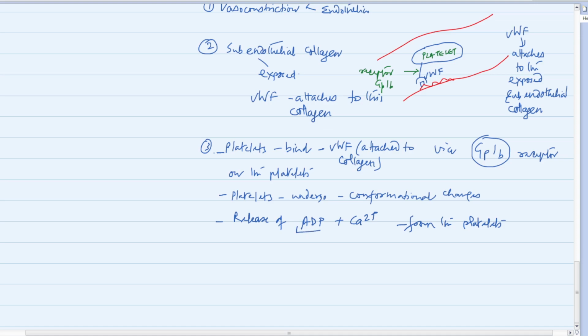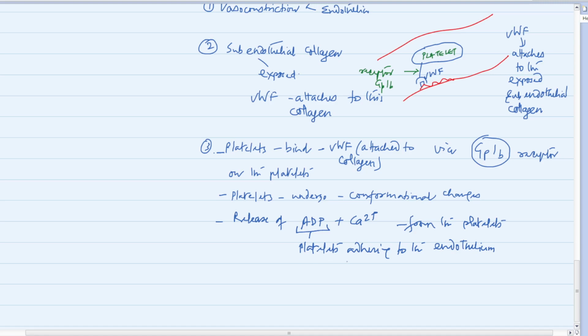This ADP helps the platelets adhere to the endothelium. So this ADP makes the platelets sticky.